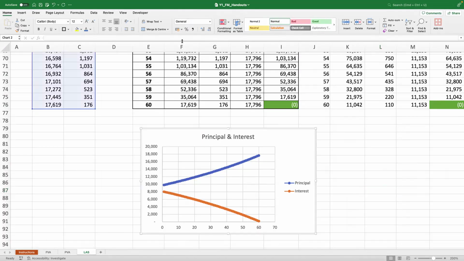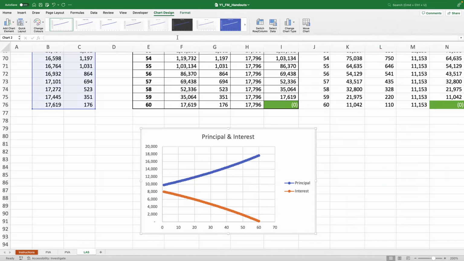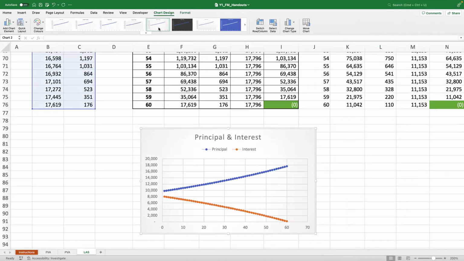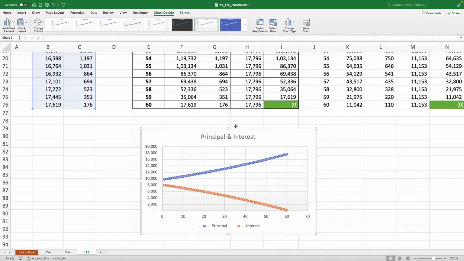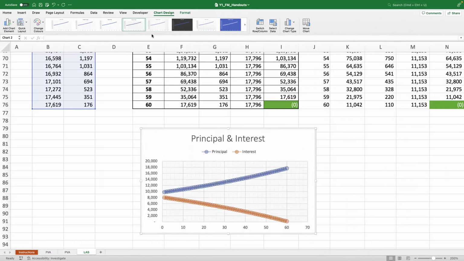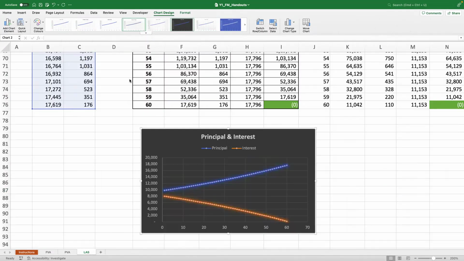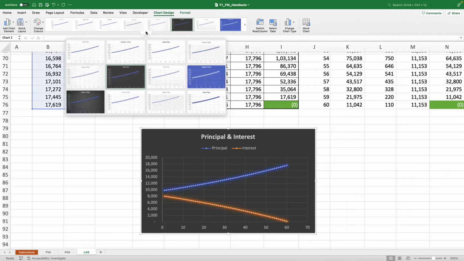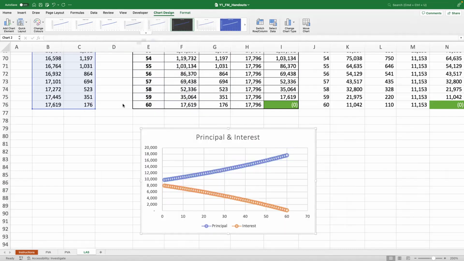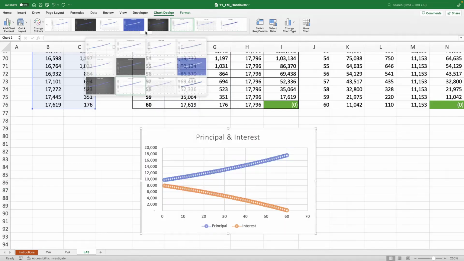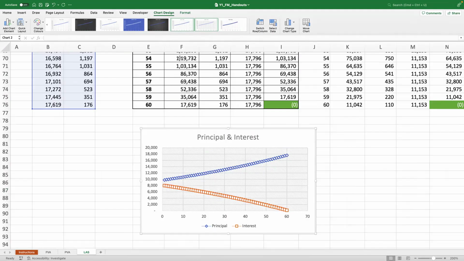Don't worry, this file is going to come to you only. This is for you. Okay? Don't worry about it. So this is your principal and interest payment. You can change the look and feel of this graph the way you want. There are so many options available. Whatever you like, whatever suits you, you take that.